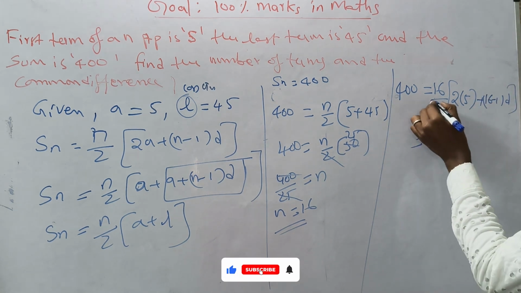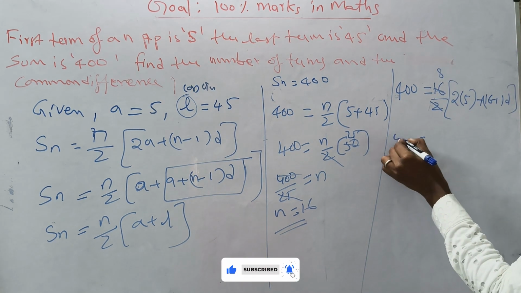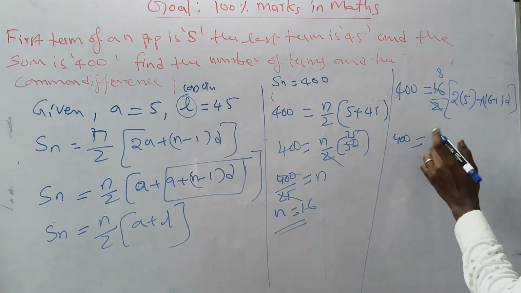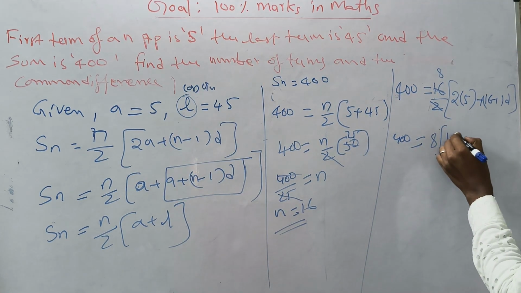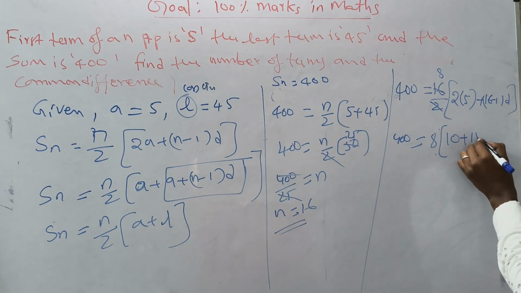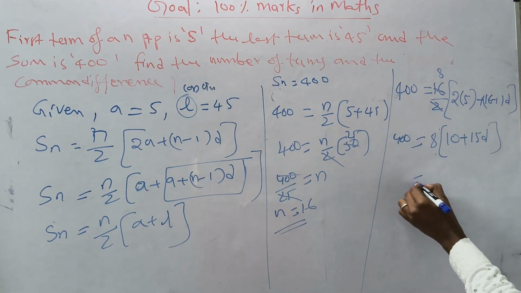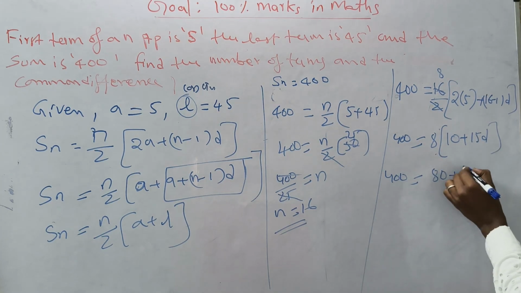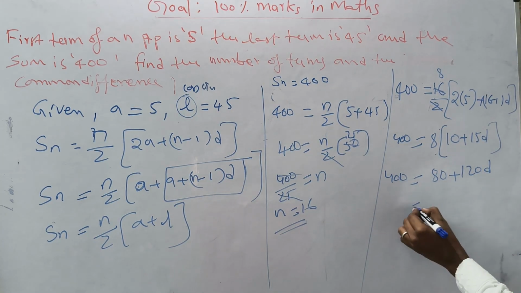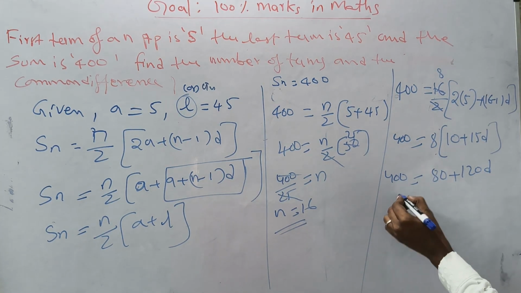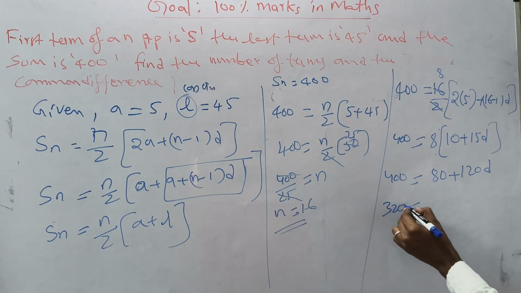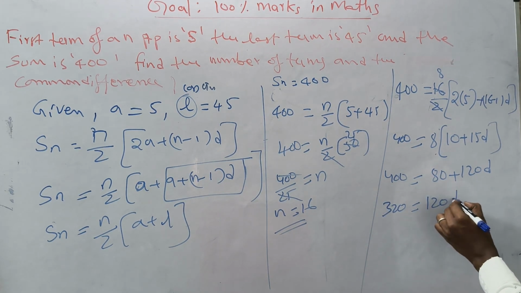Now from this, 8 times get cancelled. 400 is equal to 8 into 10 plus 15d. Correct? Now if you simplify, 80 plus 8 into 15, 120d. From this, if you transpose 80 to this side, 400 minus 80 is 320, equal to 120d.